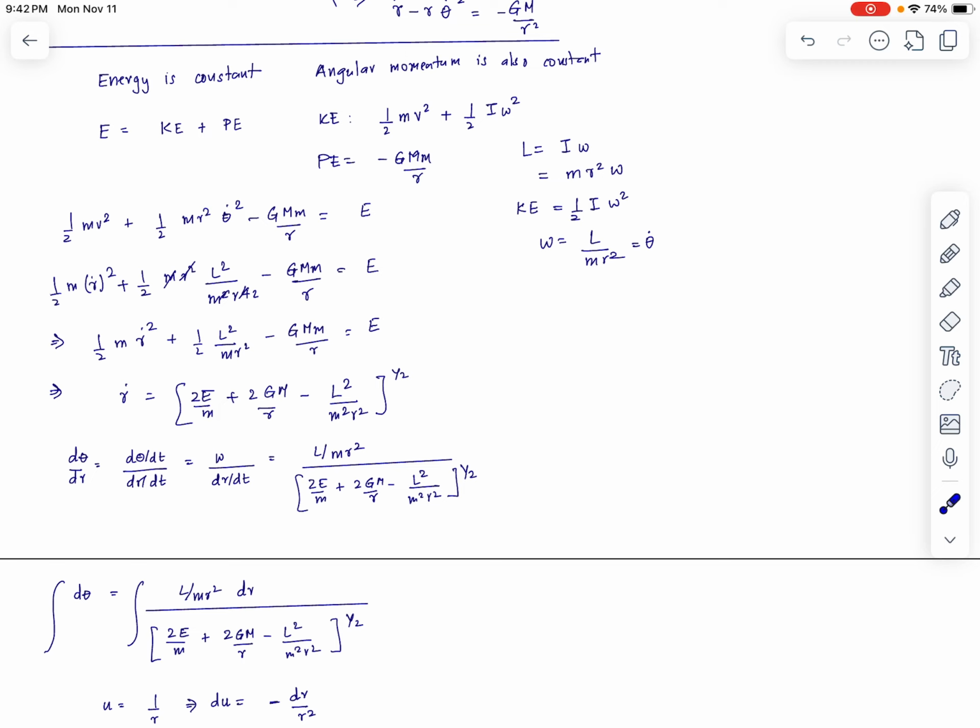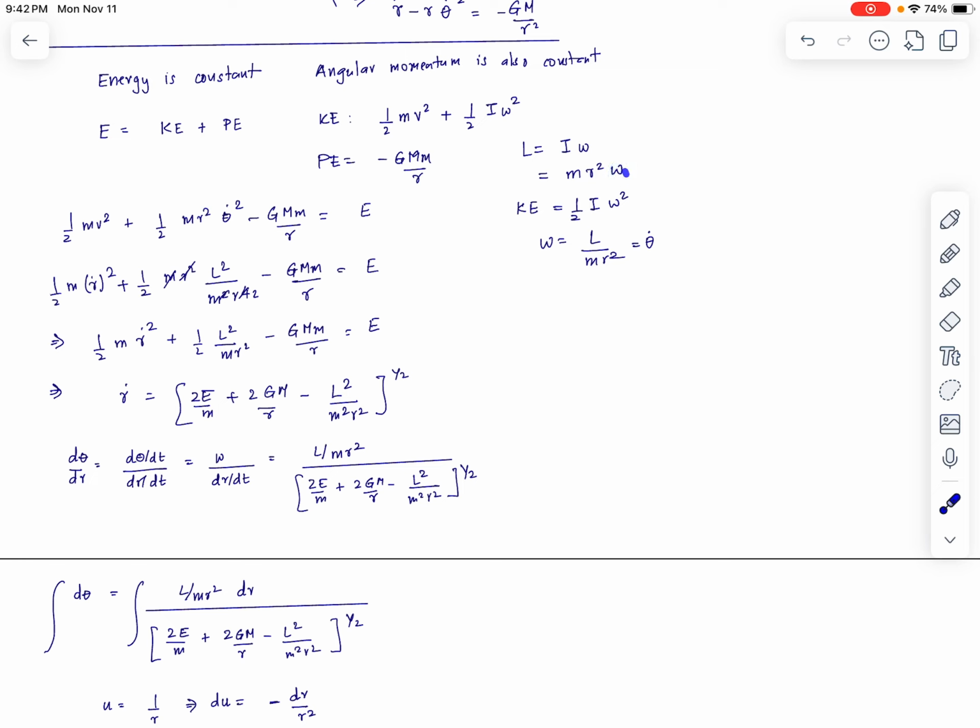And for simplicity's sake, let's assume that the angular momentum is simply the moment of inertia times the omega. So here it's m r squared times omega. So omega can be written as L divided by m r squared, and omega is theta dot.